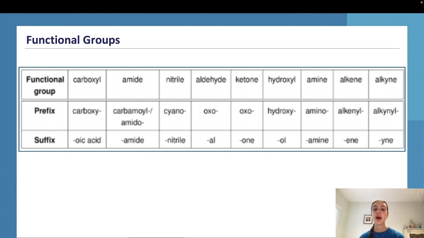So unless there's a higher priority functional group, you wouldn't want to use the prefix of hydroxy.